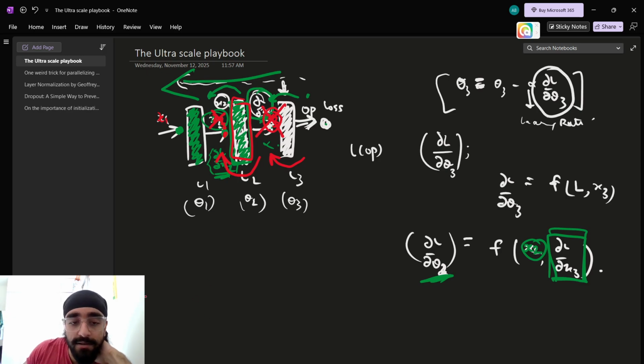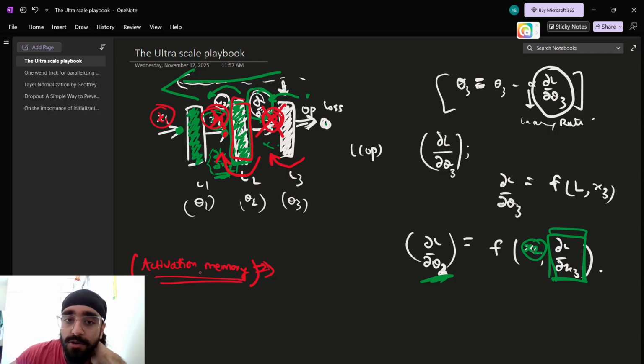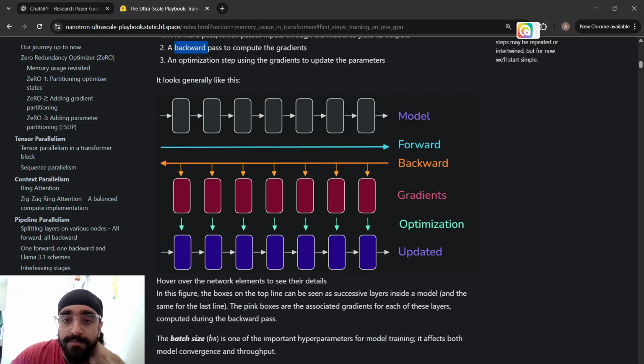So you can see that at the end of the forward pass, we need to store all of these intermediate tensors. This is called activation memory, which can be a huge component during machine learning model training. So I just wanted to tell you what the activation memory concept is.